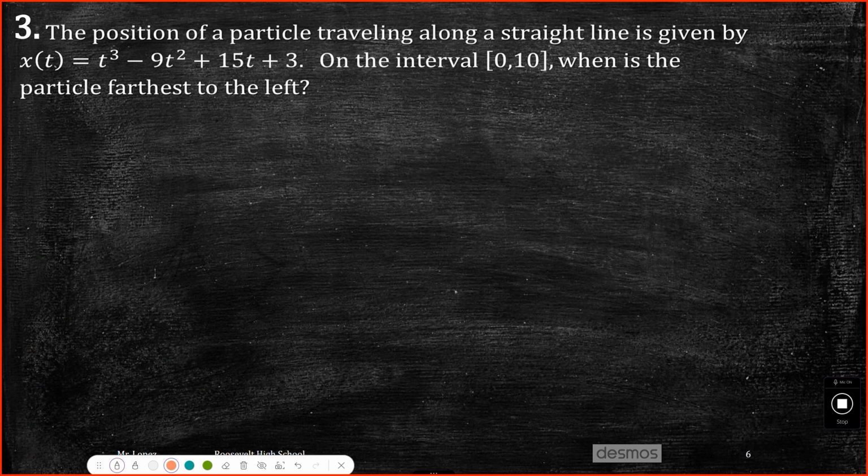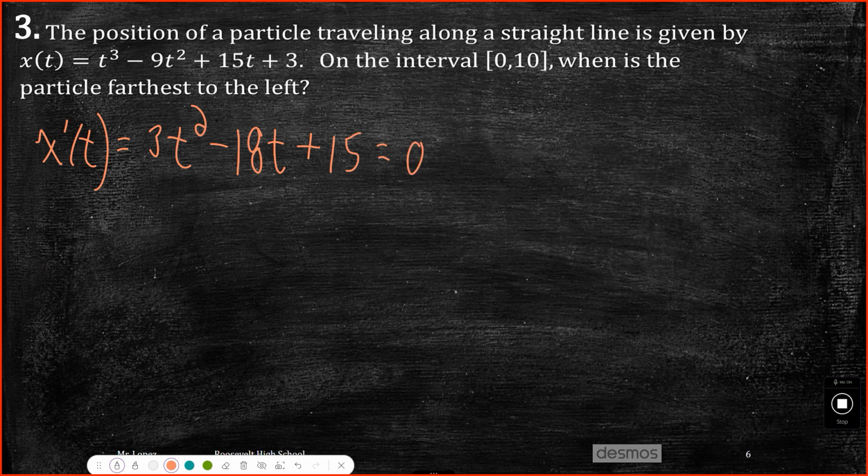So all right, let's find x prime of t, plus 15. Factor out the 3, I guess we'll do it like this: t squared minus 6t plus 5.